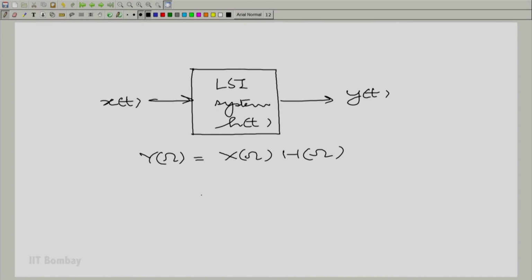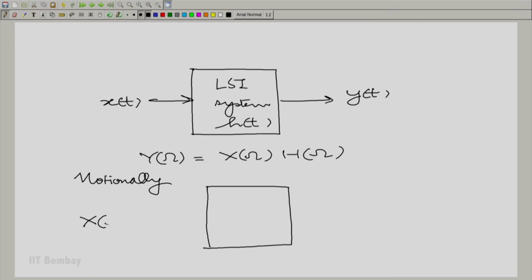This comes from the fact that if you look at capital X omega, it tells you what is the component of the input at the angular frequency omega. So, you could in principle visualize capital X omega times e raised to the power j omega t going into the LSI system. That is notional, but let us write it like that. So, notionally we have capital X omega times e raised to the power j omega t going into this LSI system with impulse response h of t.